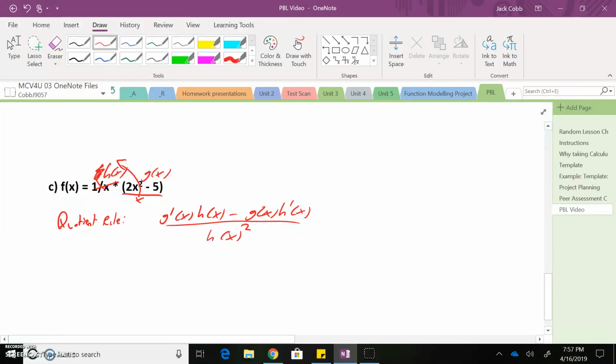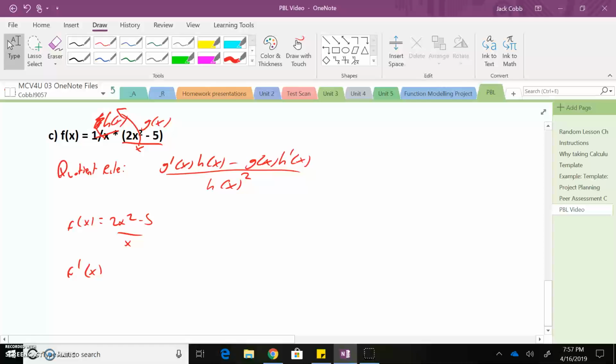So what's this going to look like? Well, f of x equals (2x squared minus 5) over x. f prime of x is going to be the derivative of the first, which is 4x, times x, minus (2x squared minus 5), all in brackets, times 1, because that's the derivative of the second term, all over x squared.